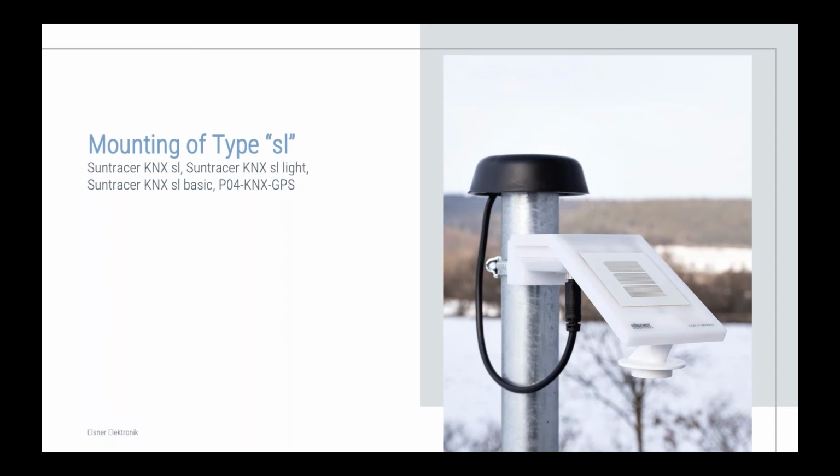So that means the Suntracer KNX-L, Suntracer KNX SL Lite, SL Basic, and P04 GPS are mounted in the same way. The weather station can be directly mounted to a pole on the roof, for example, with a clamp. Or the other option is that it can be directly mounted on the facade, as you can see on the picture here.